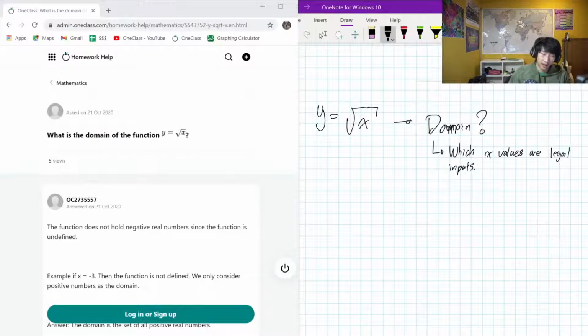And let's think about this. Okay, so the x has to be under the root, right? And we do not have any mention of complex numbers. This seems to be just a real number situation.